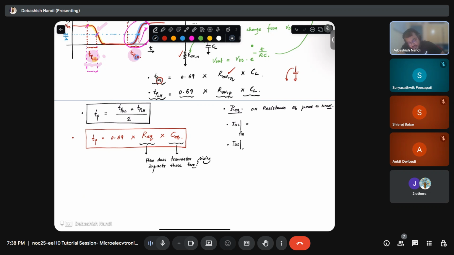And what is the IDS saturation formula? So mu Cox W by L, VGS minus VTH, into VDS.